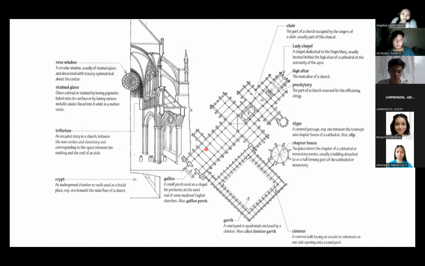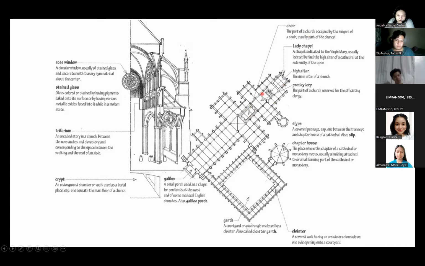So these are the basic parts of your cathedral. You have your rose window. You have your triforium. Your triforium is this one, yung parang mezzanine here, an arcaded story in a church between the nave arches and the clerestory. Your clerestory is here. You have your crypt here, an underground chamber. Your choir is now in the center. You have a lady chapel dedicated to the Virgin Mary here.